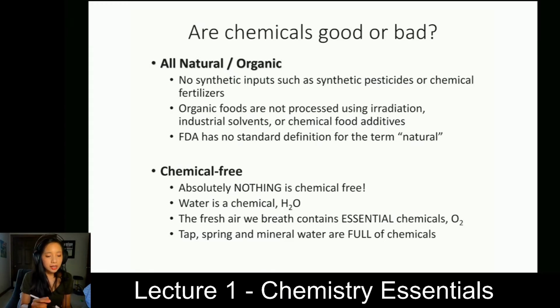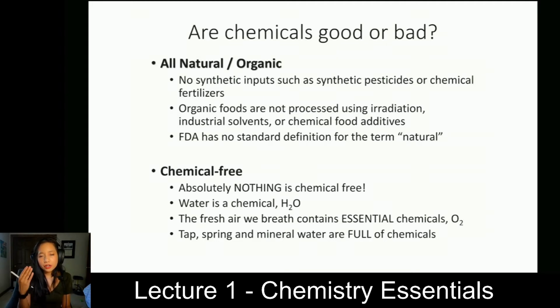So things like organic foods, they cannot be processed using irradiation or solvents or additives because that would add non-natural chemicals to the produce. And also, there's a difference between natural and organic. Organic has a more defined definition, while the FDA actually has no standard definition for the term natural.